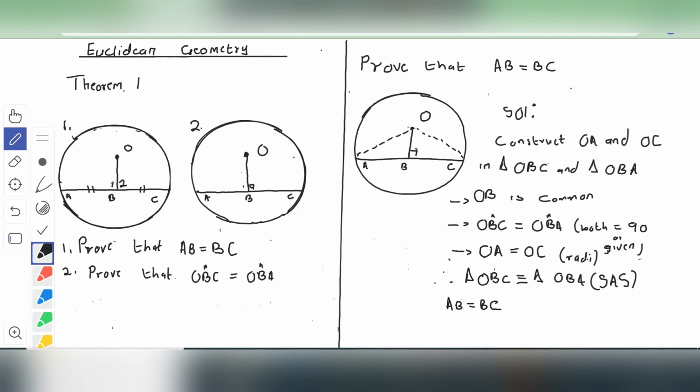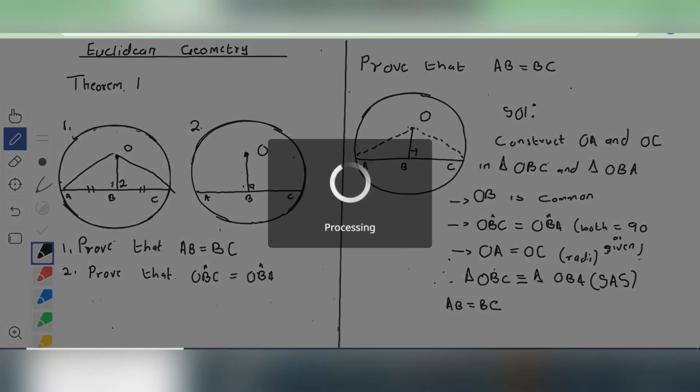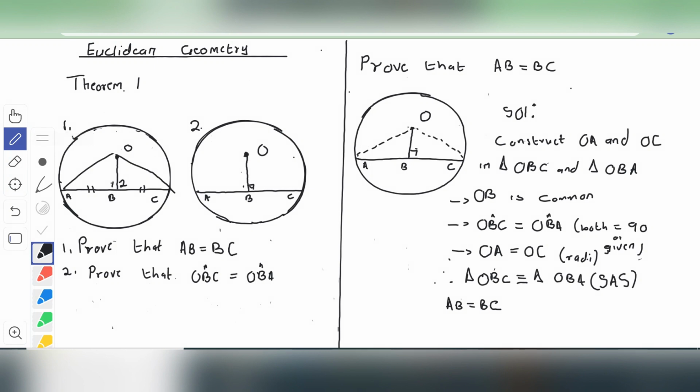From what we just proved now, we can see that, okay, we constructed line OA and line OC, right? Wait, guys, let me show you something so that you have to think out of the box whenever you are doing Euclidean geometry.